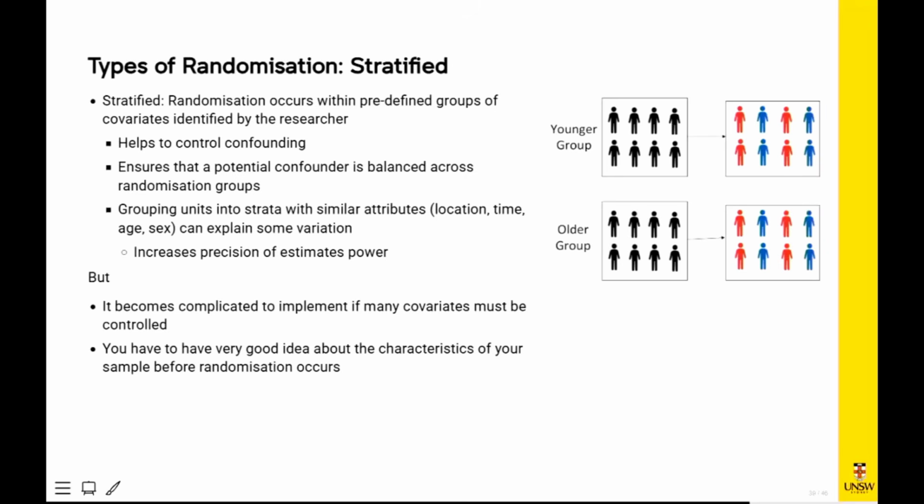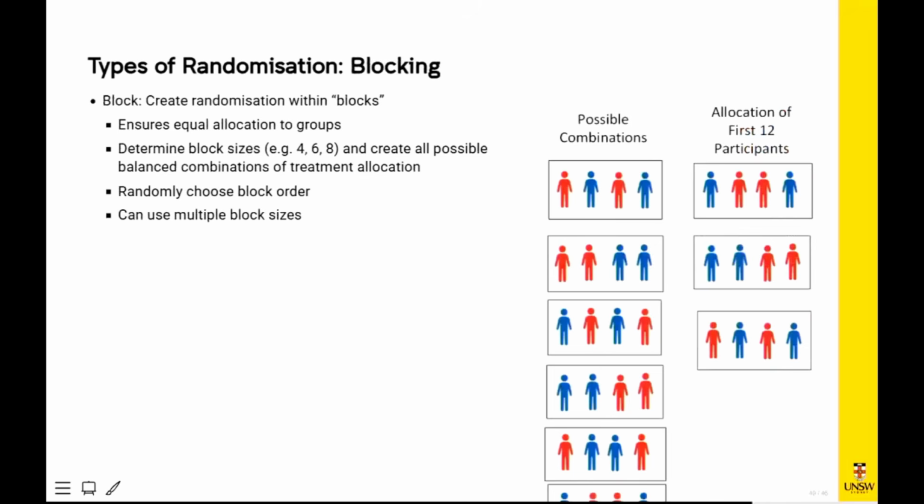It can be very difficult to design a study when you've got more than a couple of these strata that you're trying to control for. And it does require you to really know who your people are going to be, and you may not necessarily know that.